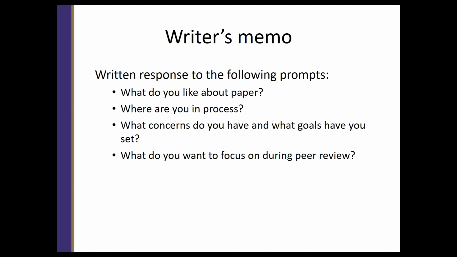What do they like about the paper? We ask them to actually think about and write down what they see as the strengths of the paper. We ask them also to think about where they are in the process. Students come into the peer review session in very different stages of their writing. Some students will come in with what they think is close to a final draft of their assignment and they think it's ready to turn in.